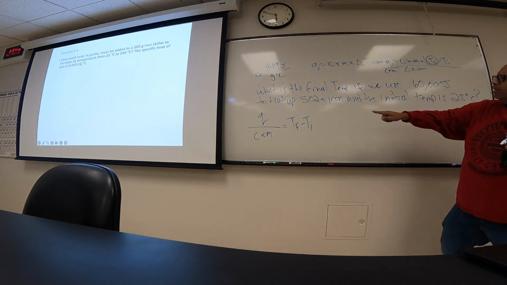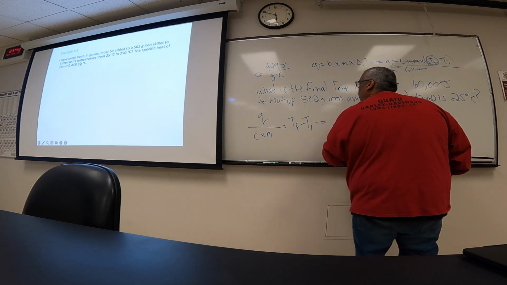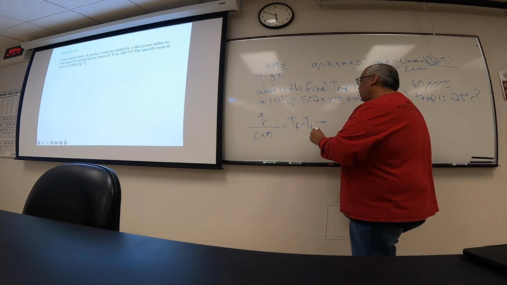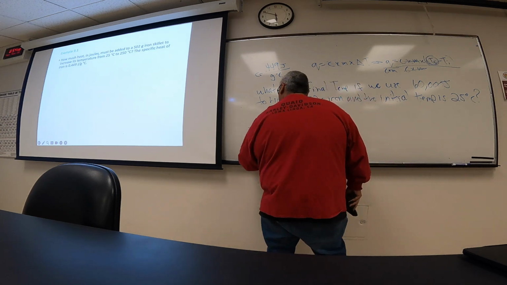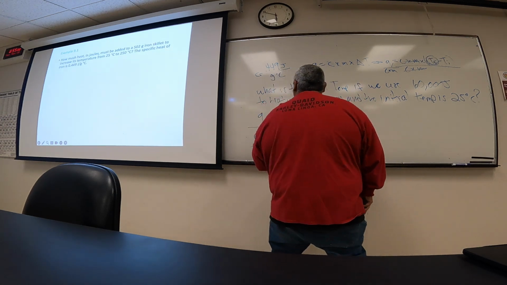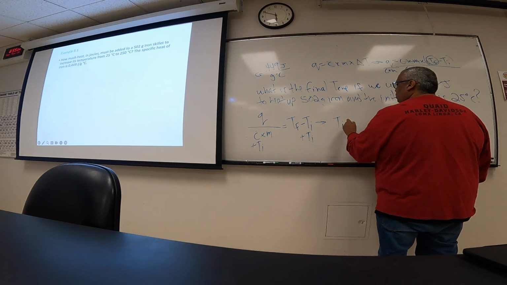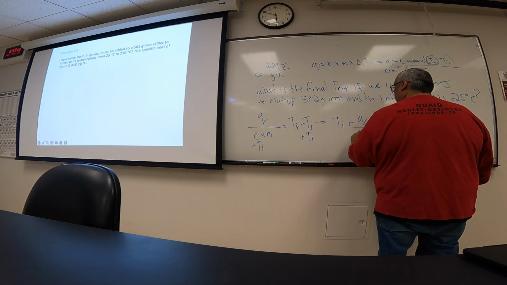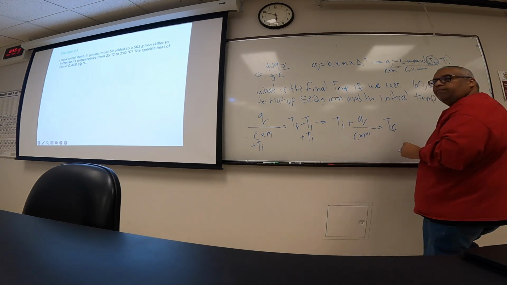So this is how we end up with temperature final minus temperature initial. Then one more step: I have to get this to the other side. So we're going to add initial temperature, and we're also going to add initial temperature here. So initial temperature plus this equals the final temperature.